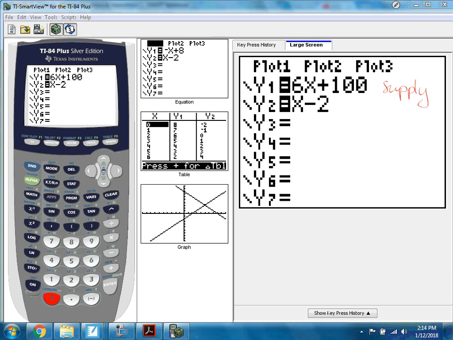And then the demand equation, and you guys will learn all about supply and demand in econ, which you'll take your junior year. The demand equation is negative 3p plus 910.